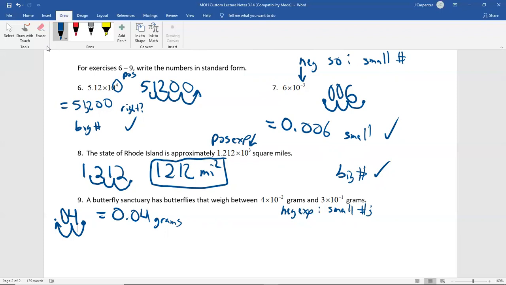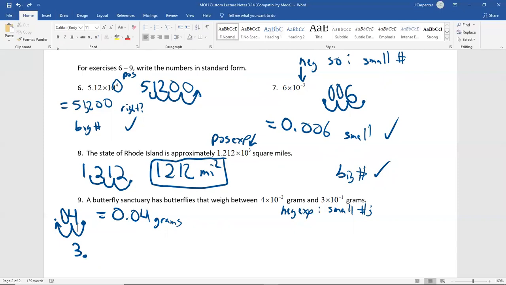So for this one, again, negative exponent, so we should be creating a small number. Let's just write the 3 and a decimal after it. The exponent's a 1, so we know we need to move it once. And I mean, we just did it, so hopefully you don't go wrong, but maybe you try and move it right once. That'd be 30, which is a big number, so that's wrong. So we move it left once, which gives us 0.3 grams.